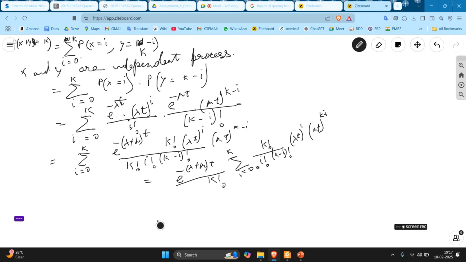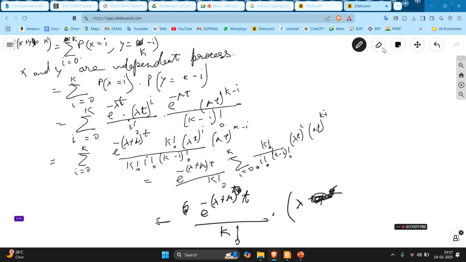So it will basically become e to the power minus (lambda plus mu) whole t, into t by k factorial, into (lambda t plus mu t), so (lambda plus mu) whole t, to the power k.